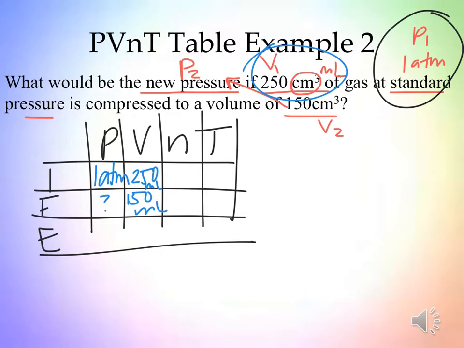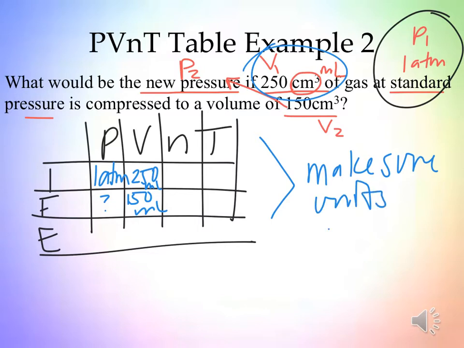Now you might be thinking, what about the units in our PVnT table? You just need to make sure units are the same. If you have milliliters for volume 1, you need milliliters for volume 2. If you have ATM for pressure 1, you need ATM for pressure 2.